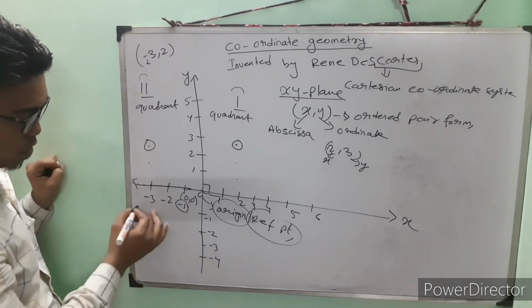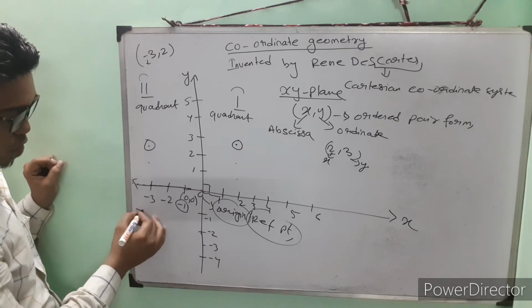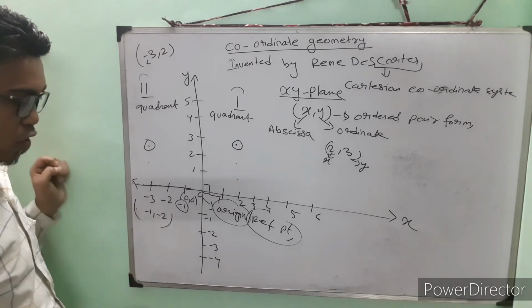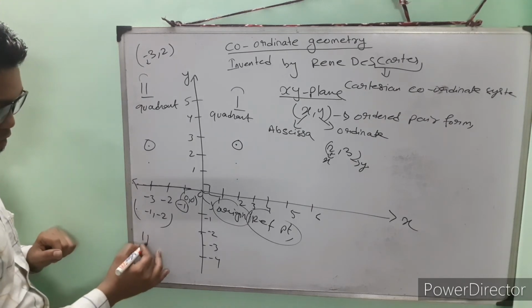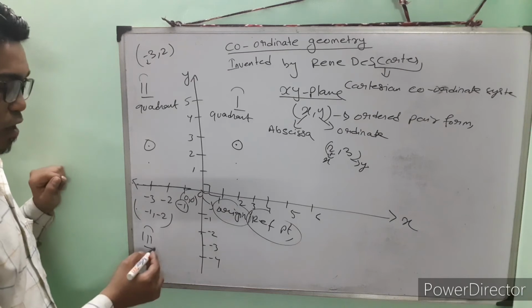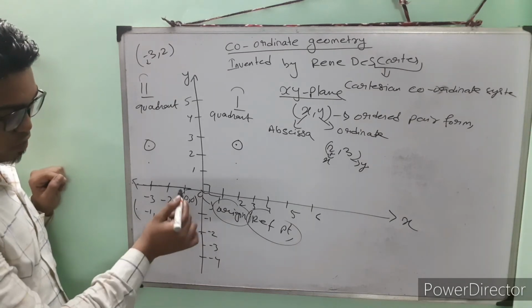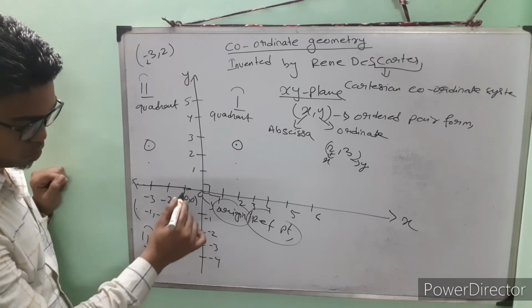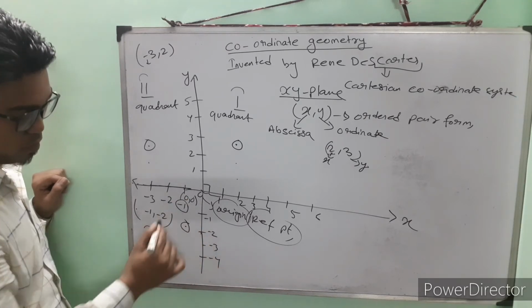Suppose we are going to plot -1, -2. This is the third quadrant. So we plot in the third quadrant, -1 is -1 and -2 is 1, 2. This is the point.